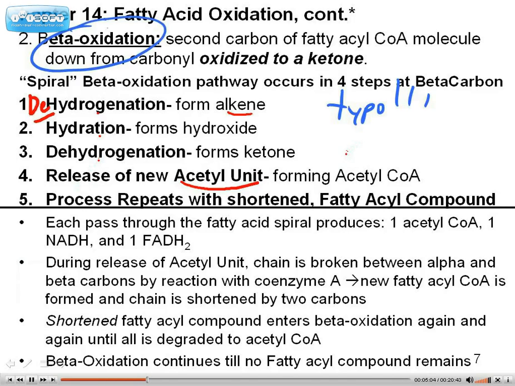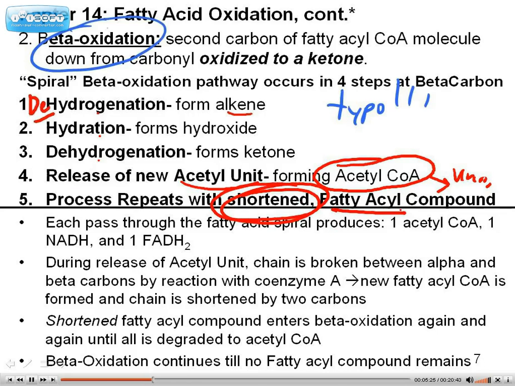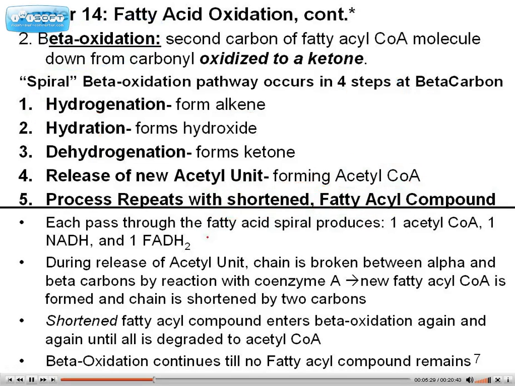So the whole goal in doing these steps is so that we can form a brand new acetyl-CoA, which is then going to enter the Krebs cycle. The end result is that you'll then have a shortened fatty acyl group. In summary, keep in mind that's a D right here for dehydrogenation, so be sure to fix that.